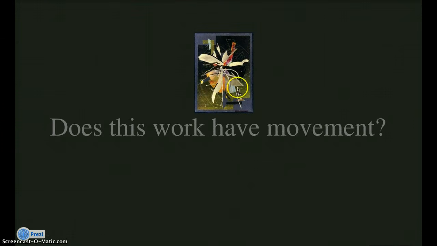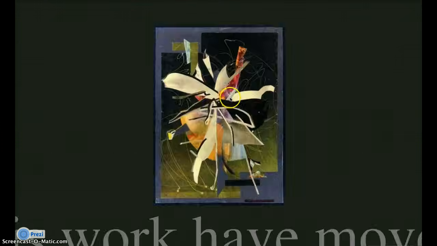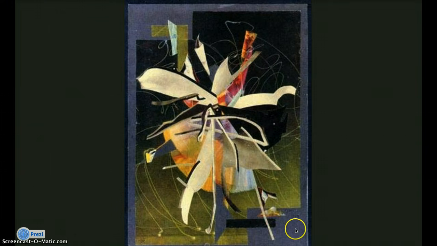So does this work have any movement? What is movement? Movement is rhythm. Movement is visual rhythm. Repeating of shapes, colors, lines, repeating of those elements that helps the eye move around the composition.